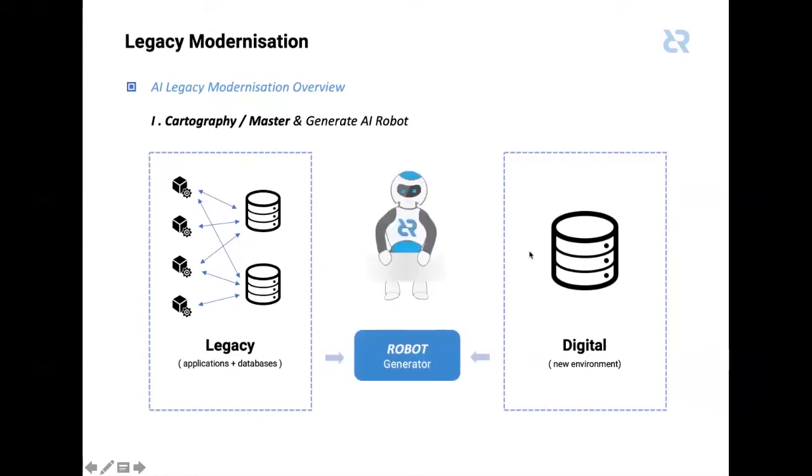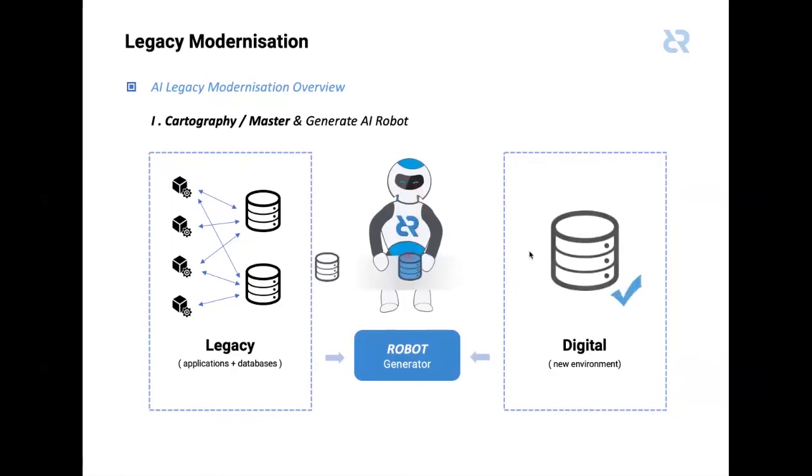Those two pictures, or cartographies, will be fed into a robot generator, and the robot will then be created automatically by the technology. It will first create your new digital environment, build it, and then migrate the application.